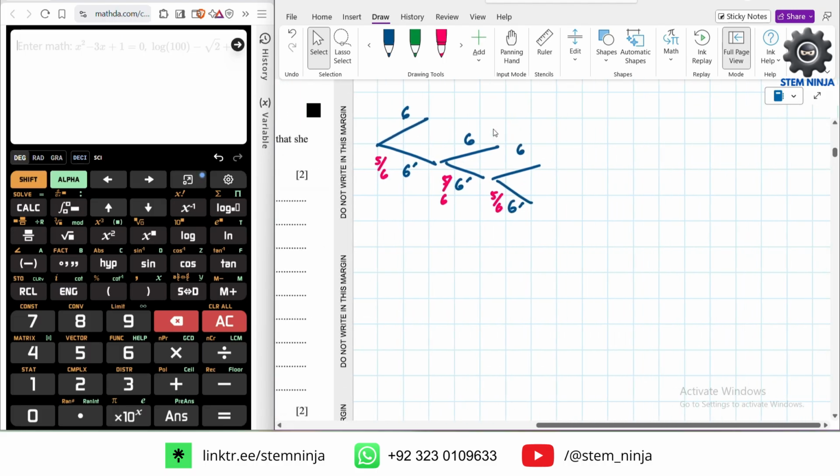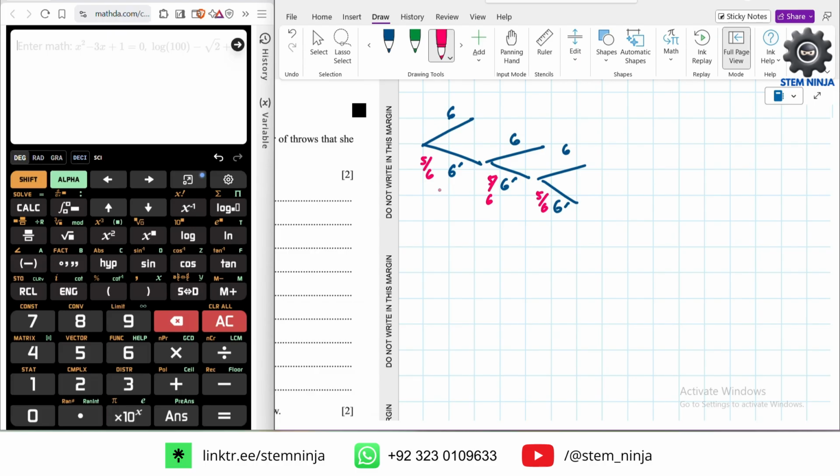Find x less than or equal to 8. That means we can either get a 6 at the first try, at the second try, at the third try, at the fourth try, all the way up till the 7th try.